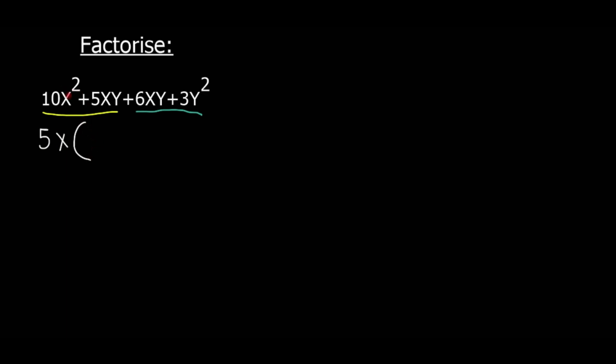This is 5x because re nyaka the highest common factor ya 10 and 5. The highest common factor yo ba 5. And then x squared and then xy. Re na le x and x ka mo term ya mathomo le ka mo term ya bobedi. So this means a common factor yo ba x. A re ne y, so this means re ka se ngwale y.